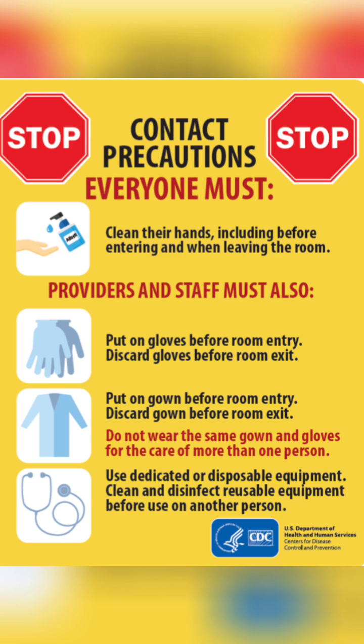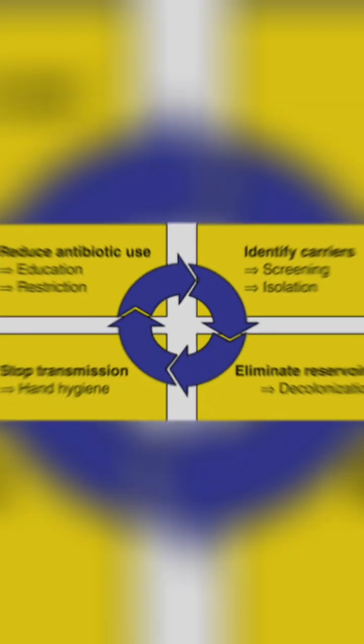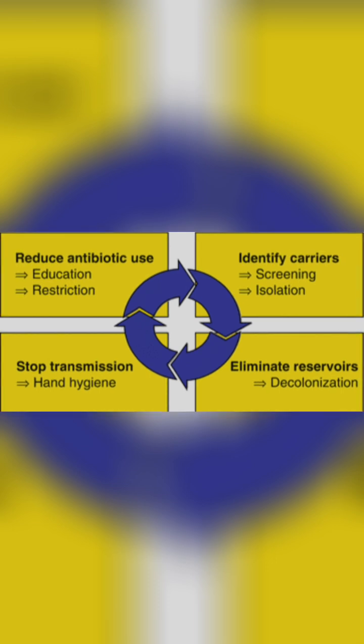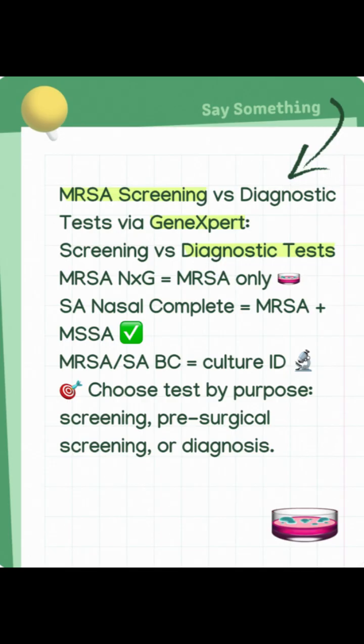We have contact precautions that aid in the prevention. So it is good to know who is colonized, who is infected, so that you can strengthen and intensify those measures against these targeted groups, unlike the universal approach. Reducing antibiotic use, identify carriers, stop transmission, and eliminate reservoirs. These are a stepwise approach that healthcare facilities and workers need to apply to actually minimize MRSA.